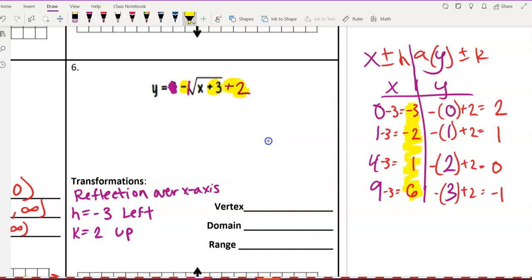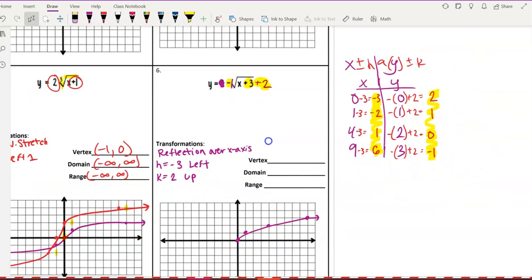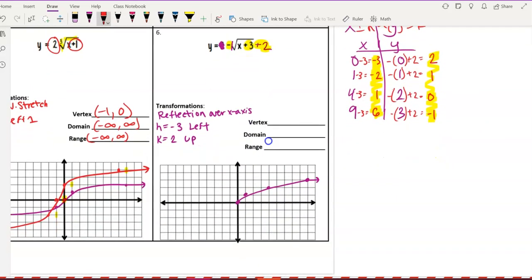and we can graph them, and then we'll erase it and do it visually. -3, 2; -2, 1; 1, 0; 6, -1.